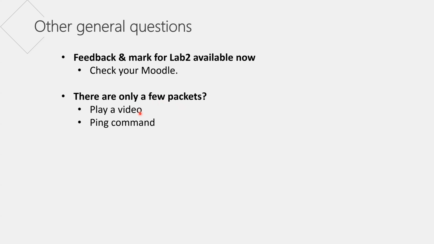The first option is to play a video while you are capturing. The second option is to use the ping command. By using the ping command, you will add at least one packet per second, so at least 60 packets per minute.